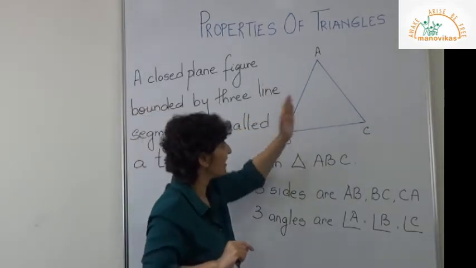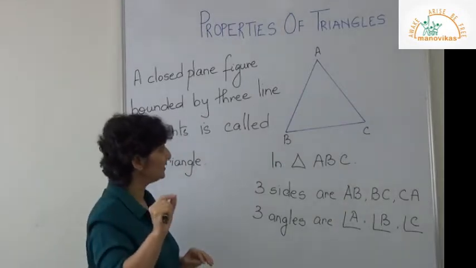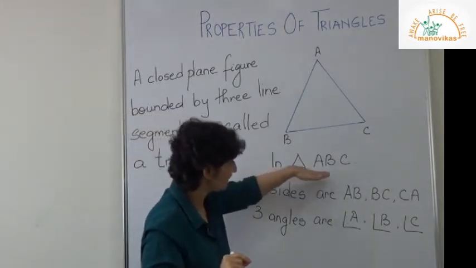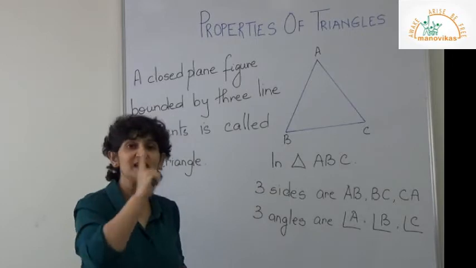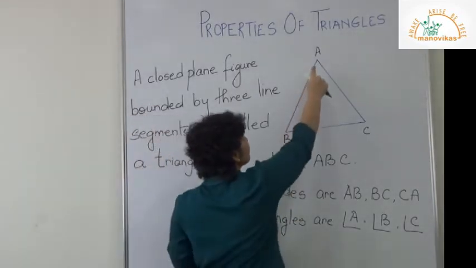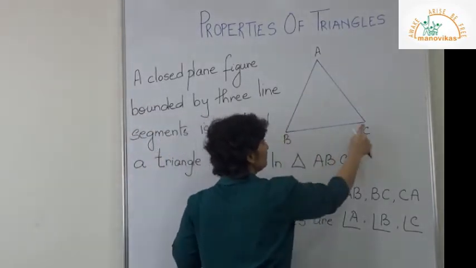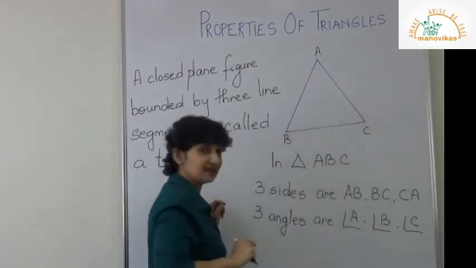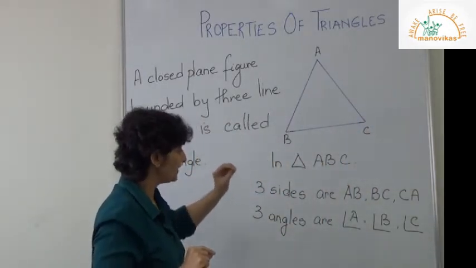So suppose I take this triangle ABC. In triangle ABC, I have three sides. Which are those three sides? AB, BC and AC. Right? These are your three sides.